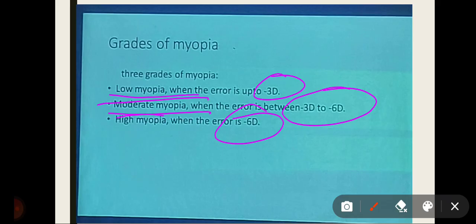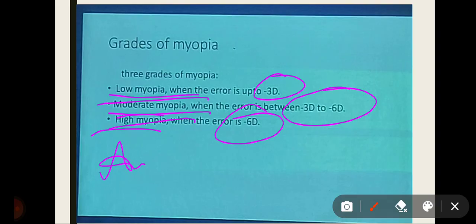For high myopia, the error is minus 6 diopters or above. In hypermetropia, this is greater than or equal to plus 5 diopters.